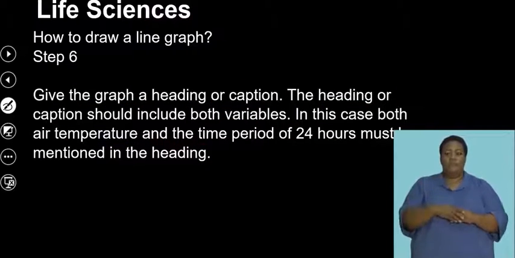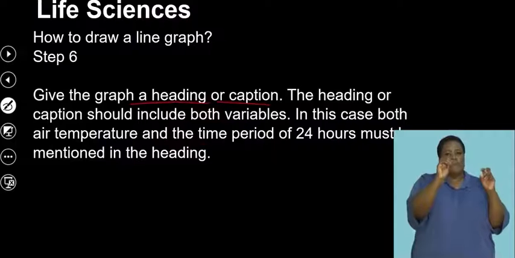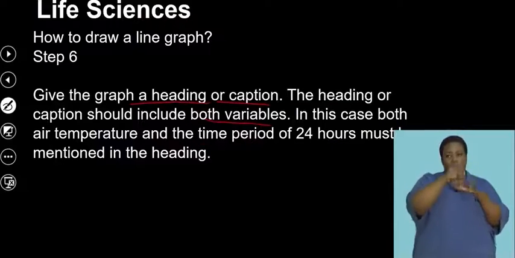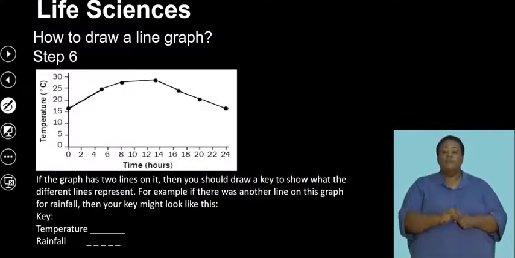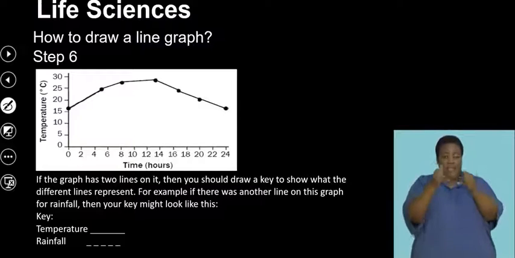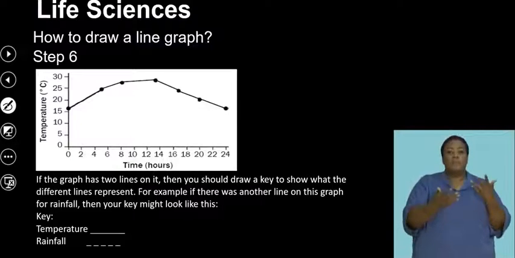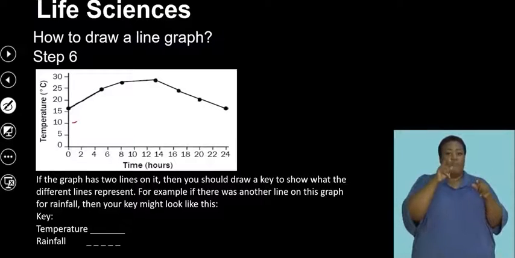The sixth step would be to give the graph a heading, and as I said, it should include both the variables. Okay, we're going to move on to how that would look. Sometimes you get two lines being represented, so it would be the temperature for two different individuals. And it's important that if you had to plot this, you would need to give it a key.